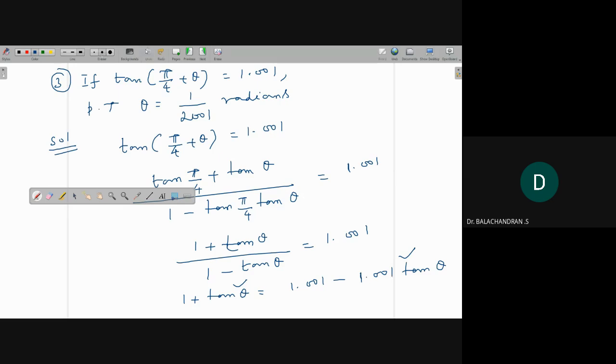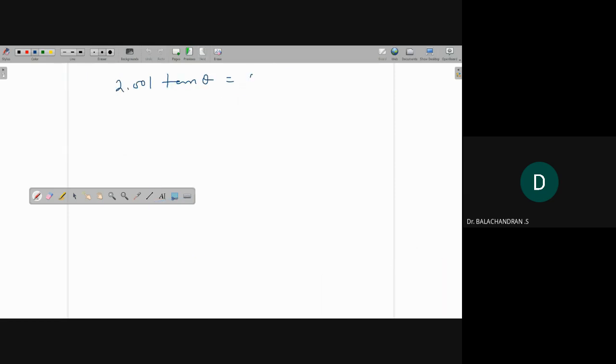If you add these two, you'll get 2.001. The other term goes to this side, so 1.001 minus 1 is 0.001. So I need tan theta, so tan theta is equal to 0.001 divided by 2.001.